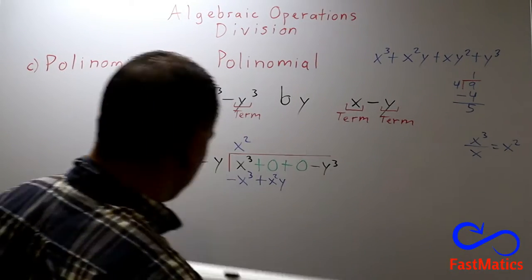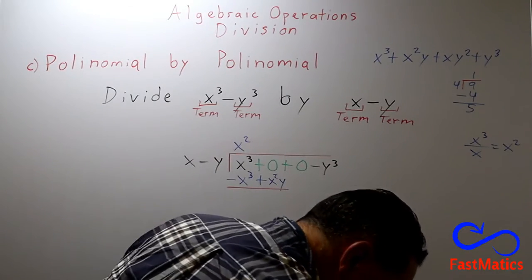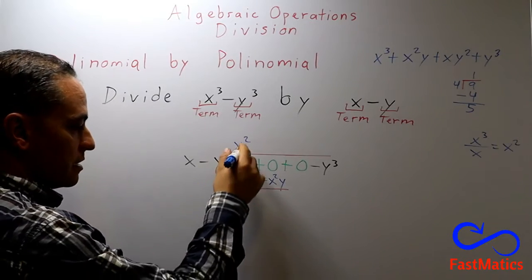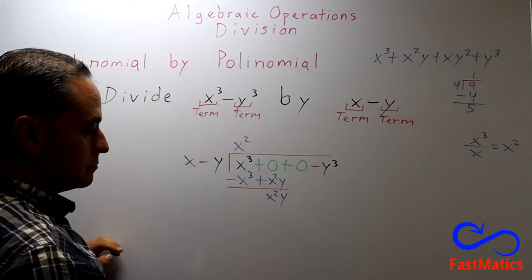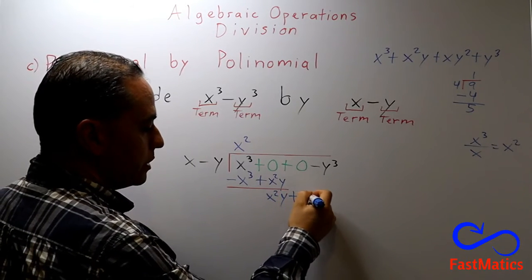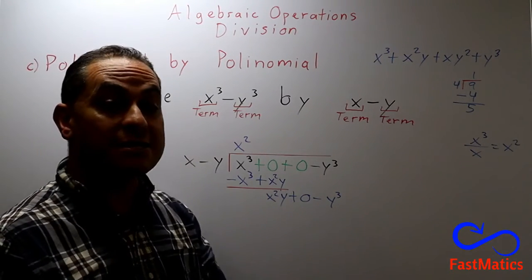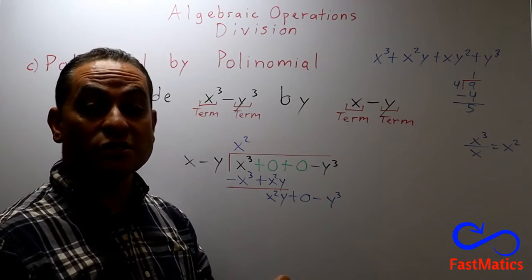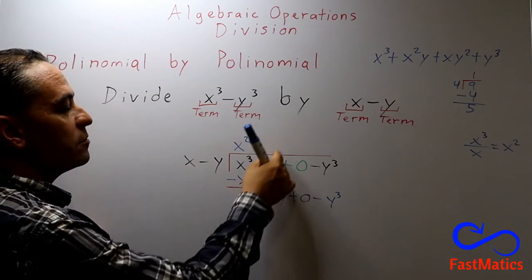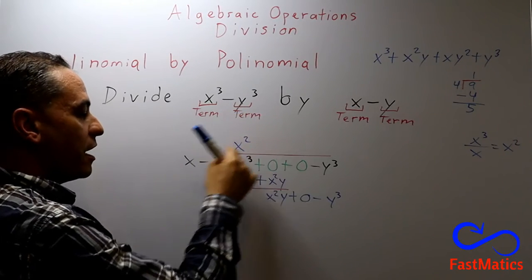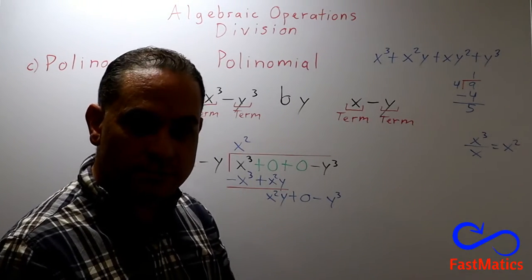Then I subtract and I get 0, I don't write it, and x squared y. I bring down then the other terms and I restart this division as always. The first term divided by the first term, I put the answer there, I multiply, I subtract, always the same.